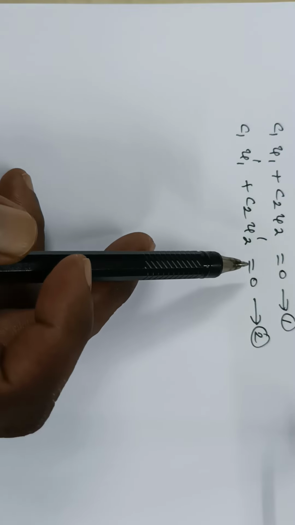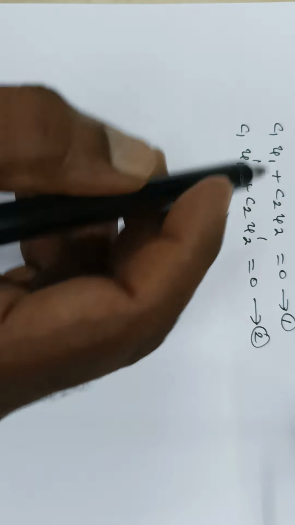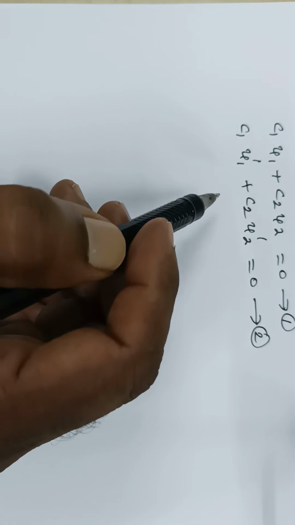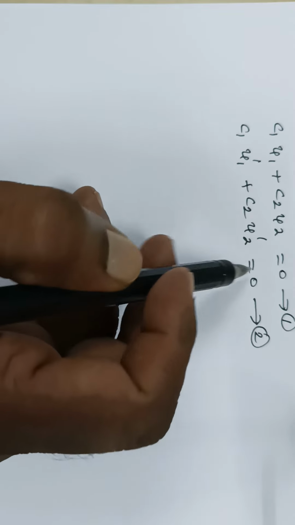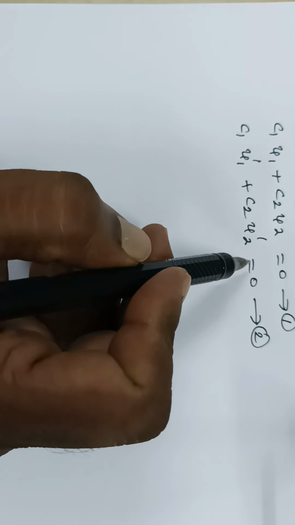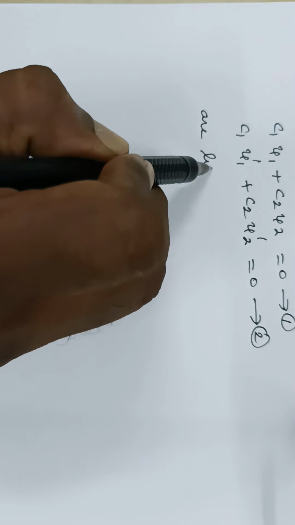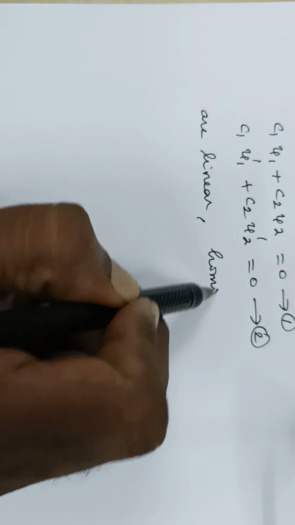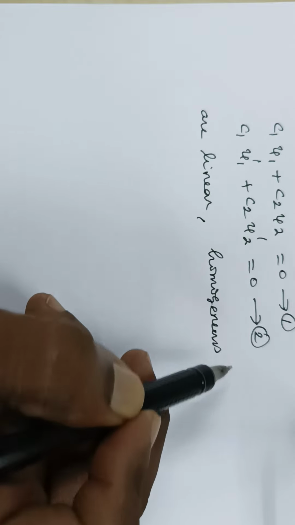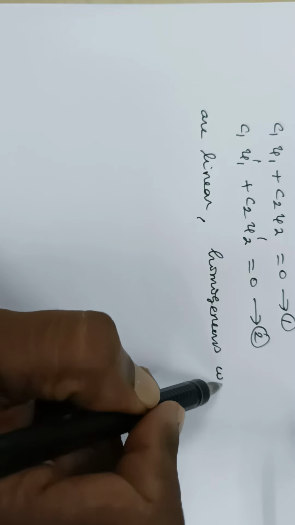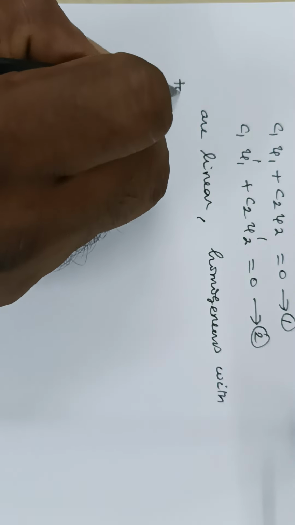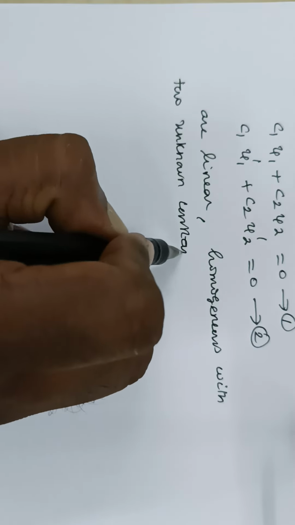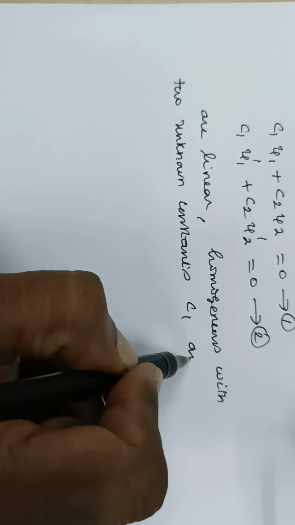The equations 1 and 2 are linear homogeneous equations with the two unknown constants C1 and C2. See this, the equations 1 and 2 are linear homogeneous with two unknown constants C1 and C2.